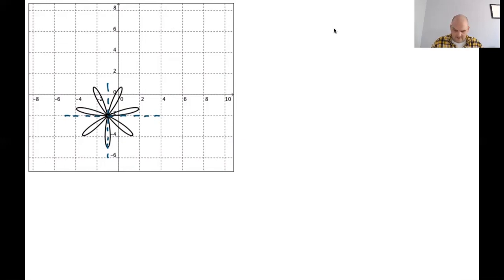So it's sine, and then let's count our petals. 1, 2, 3, 4, 5, 6, 7 petals. So no petal on the x-axis, it's sine. So I know that it's sine of 7 theta.